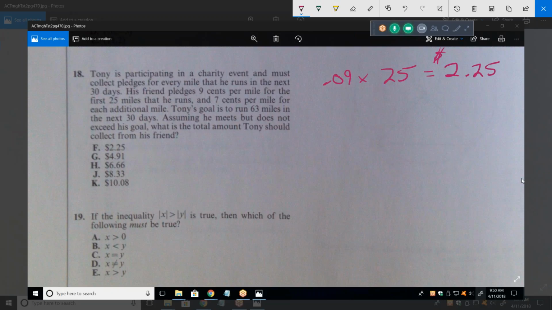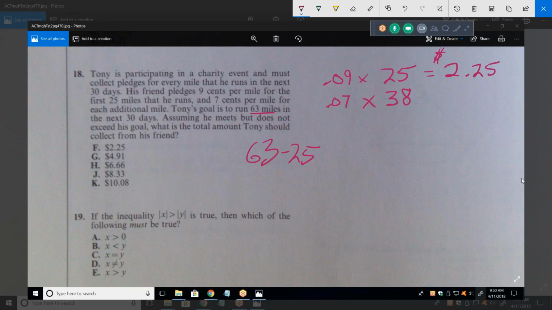If we read on, his goal is to run 63 miles. Well, what's 63 minus 25? 38. Okay. So if he runs exactly 63 miles, for the first 25 you'll be paid 9 cents per mile. The next 38 is going to be only 7 cents per mile.